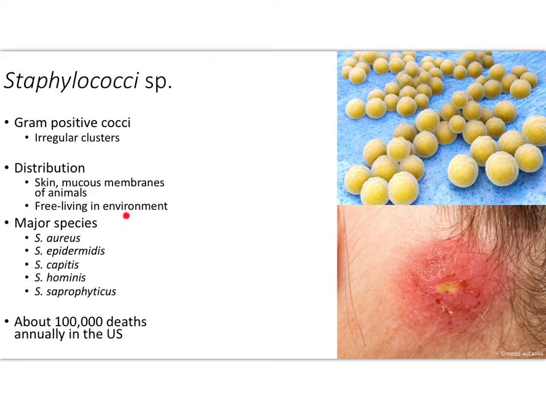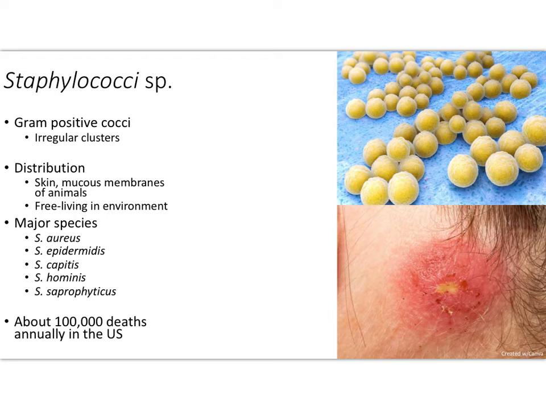We can occasionally find them free living in the environment as well. Most of the time, Staphylococci are fairly adaptable to different environmental conditions. But for the most part, we find them associated with mammals, including humans.